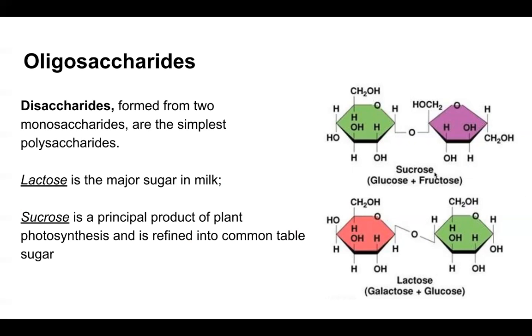For example, sucrose consists of two monosaccharides, glucose and fructose. If we talk about lactose or milk sugar, it consists of galactose and glucose. Sucrose is a principal product of plant photosynthesis and is refined into common table sugar.